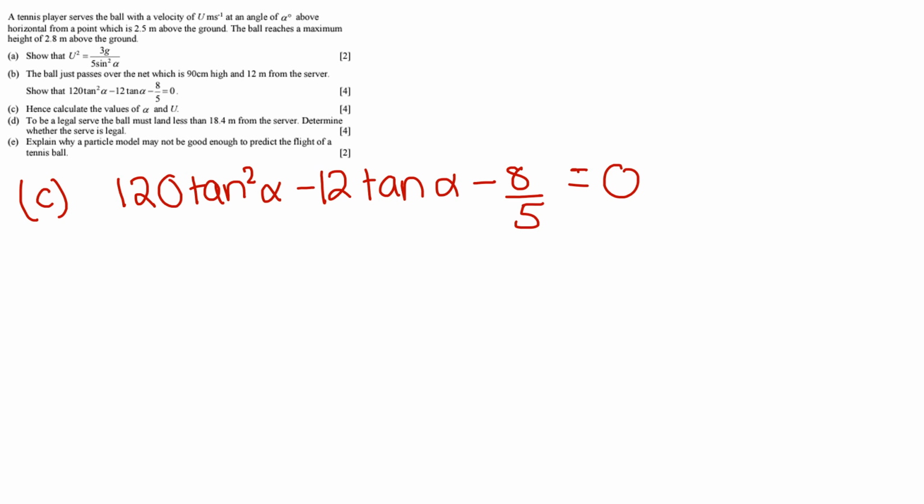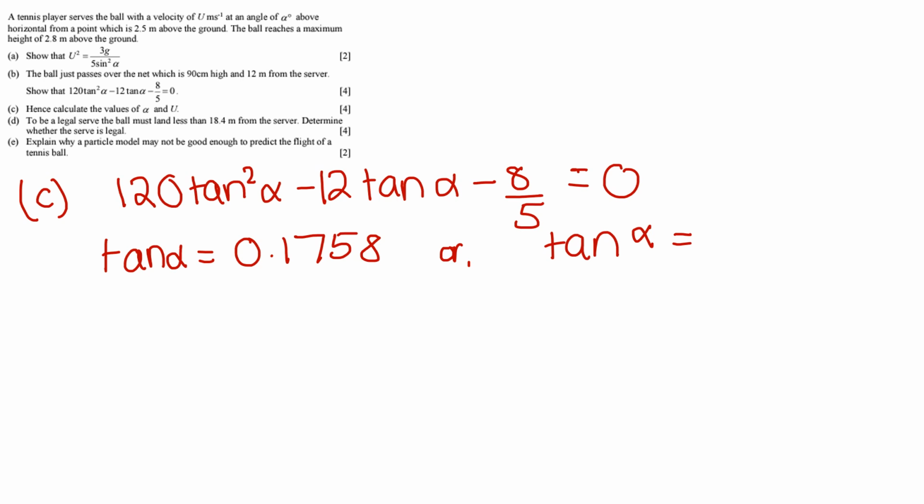What my calculator gives me is that tan alpha can equal one of two values, as you'd expect: 0.1758, or tan alpha equalling minus 0.075.